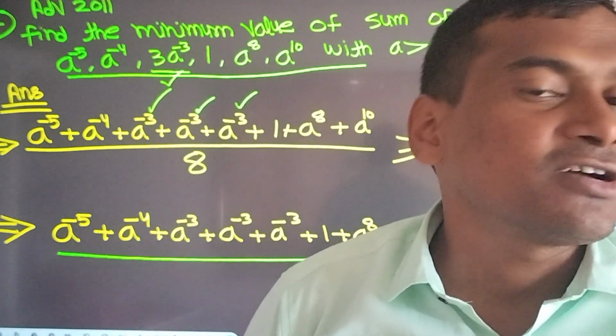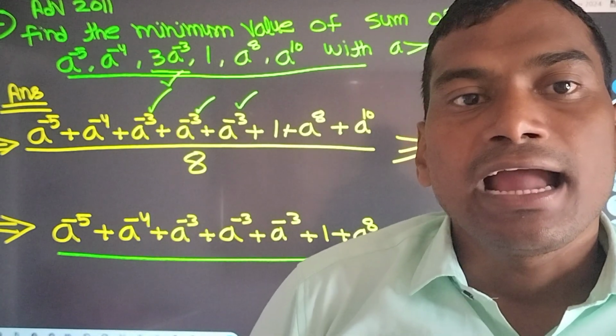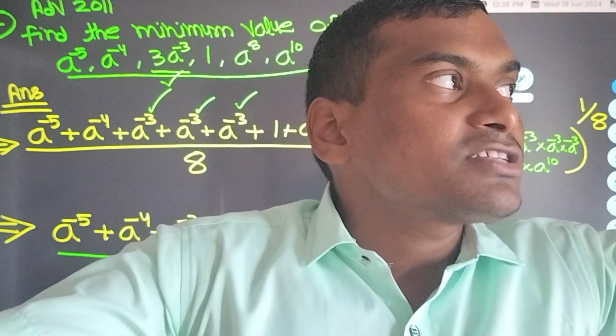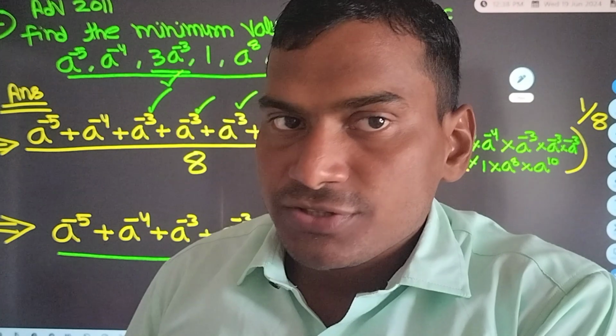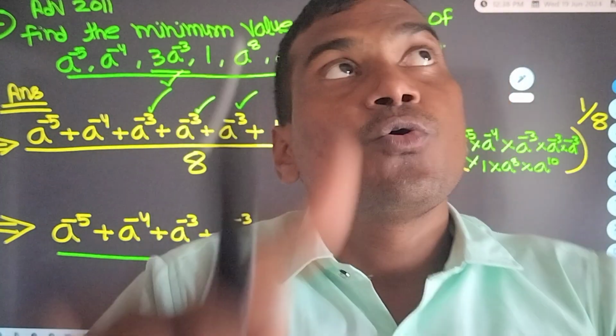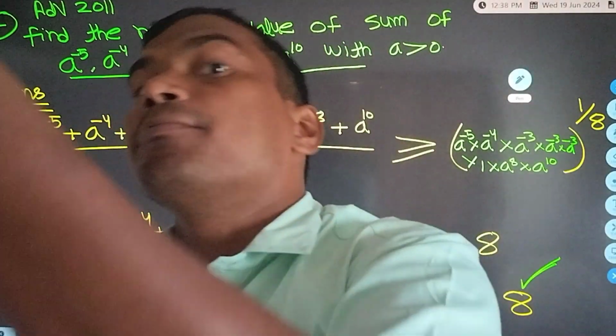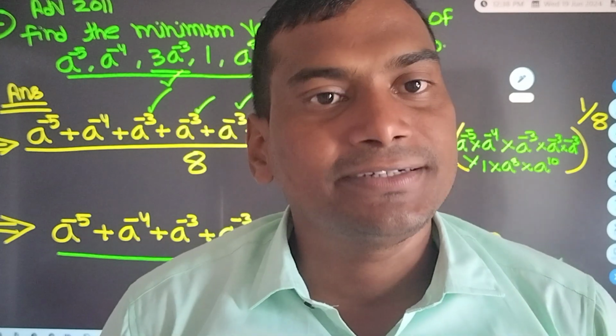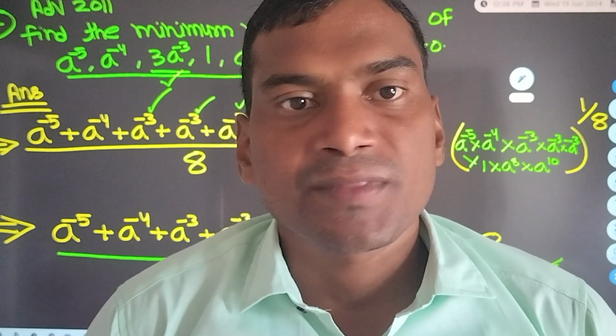The GM side we have to make constant. And you know, in calculating the AM, we add the numbers divided by the total number of numbers. While calculating the GM, we multiply the numbers, whole raised to power 1 by the number of numbers. Everyone knows that.